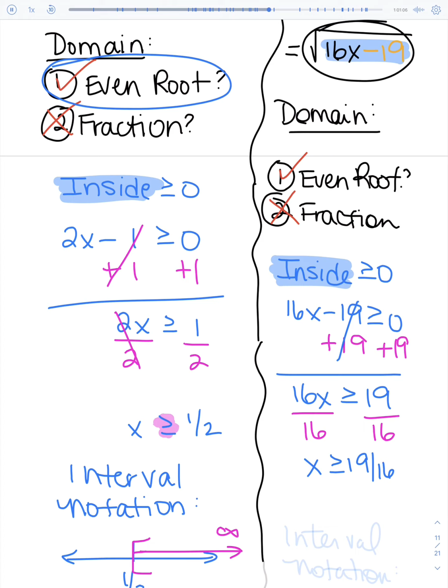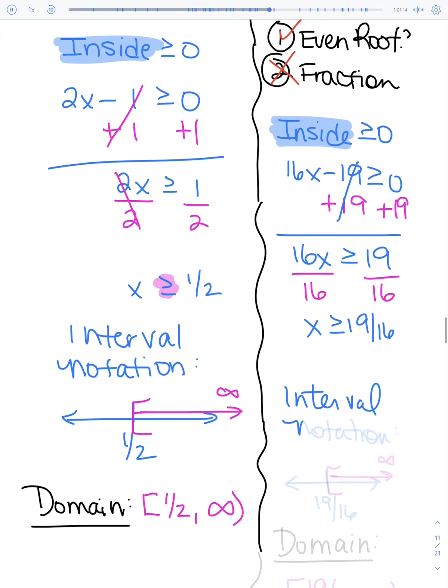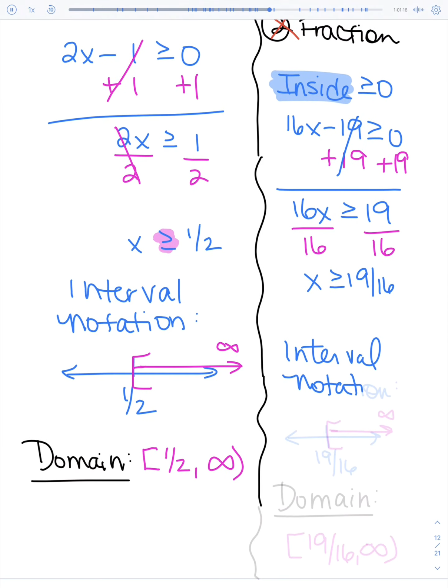So then I need to work on my interval notation because I cannot leave my domain like this. Interval notation means I should probably draw out a graph. You don't have to, but it can't hurt. We've got our 19 over 16. And it says greater than 19 over 16, so it's pointing to the right, and the equal to means we'll have a bracket.